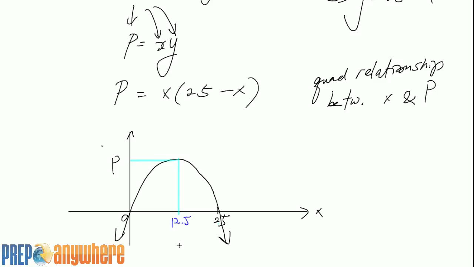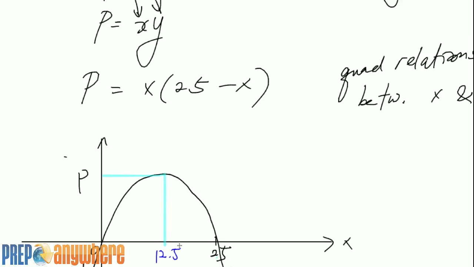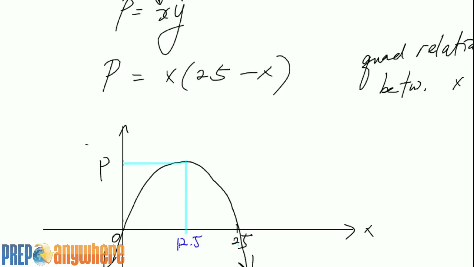But is our x allowed to be 12.5? It says x has to be an integer, so it's not allowed. So that means I still want the product to be as high as possible, right? So what's the closest number to 12.5?